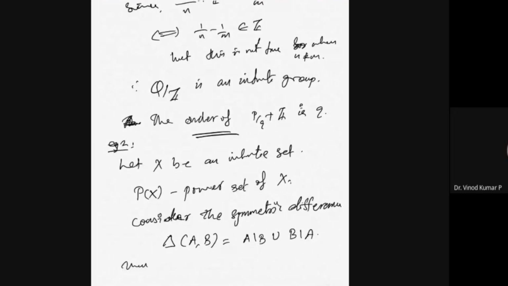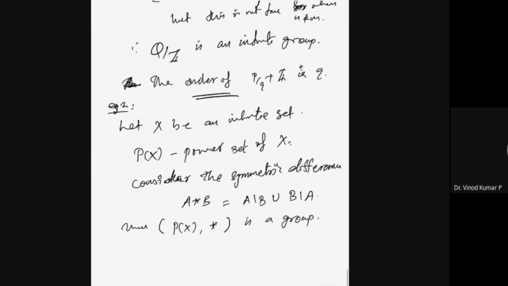Then, or maybe I'll denote it by A * B, defined as the symmetric difference of A and B. Then P(X) with * is a group. What will be the identity of this group? You can easily show that the identity of this group is the empty set.